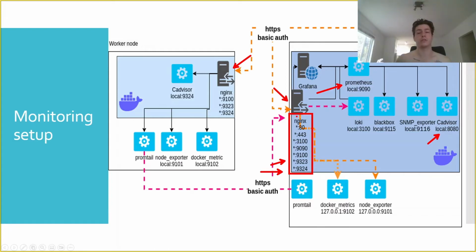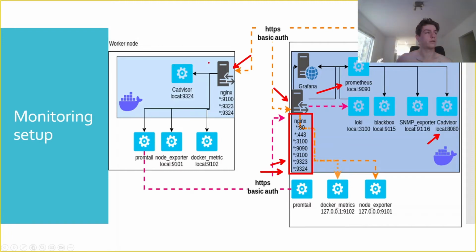Anyway, nginx listens on a whole bunch of ports, and port 80 redirects to port 443, which goes to Grafana. All of the other ports just go to their various services, for things to either scrape metrics from or deliver logs to.